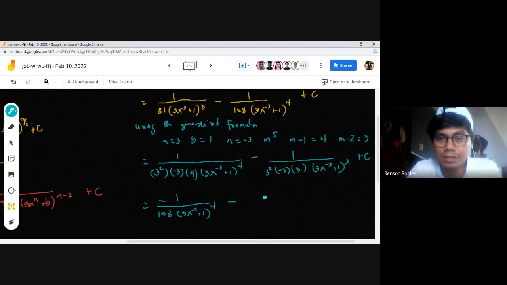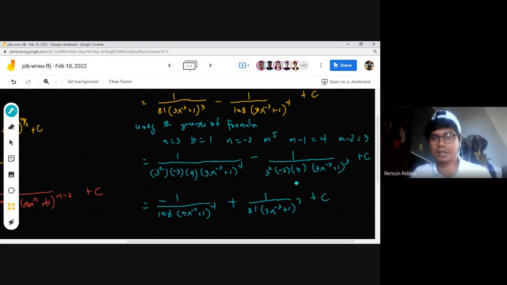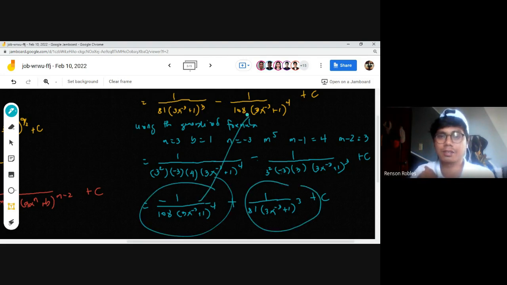Then minus 1 all over 3 squared, negative 3, positive 3. So this is negative, negative. It will become positive. 3 times 3, 9. 3 squared, that's 9. So that gives you 81 times 3x raised to negative 3 plus 1 to the third power plus c. And I think they are similar. Their positions were just swapped. Right? Yeah? 1 over 81, 3x raised to negative 3 plus 1 cubed. And this is that one. Okay?